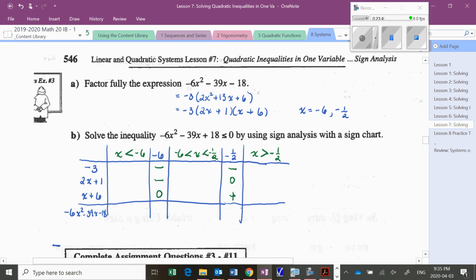And so if I take a look at -3, regardless of what the x value is, -3 is always going to be -3. It's always going to be a negative factor. If I take a look at the 2x plus 1, in this case, if I put in any value that's less than -6, it's still negative. Any value that is less than -1/2 but greater than -6, still negative.